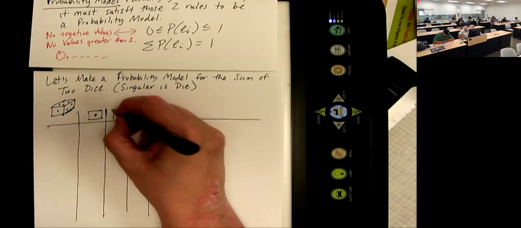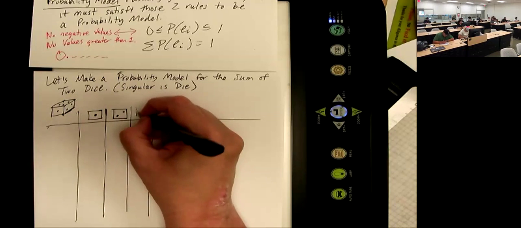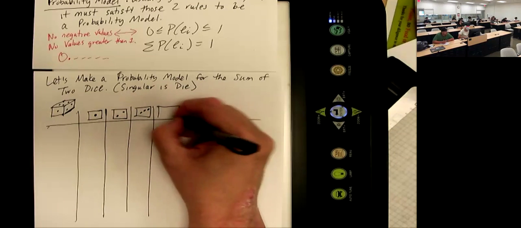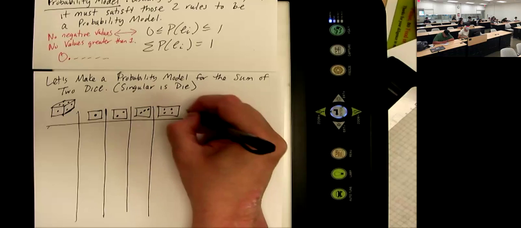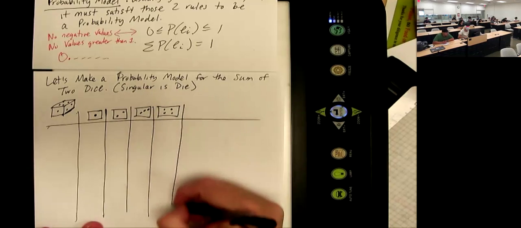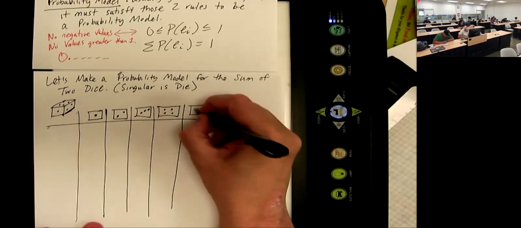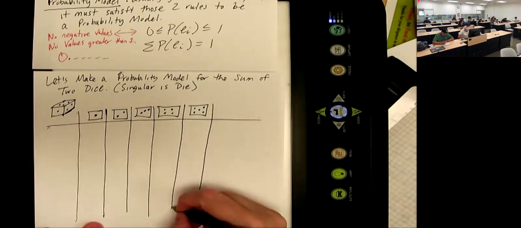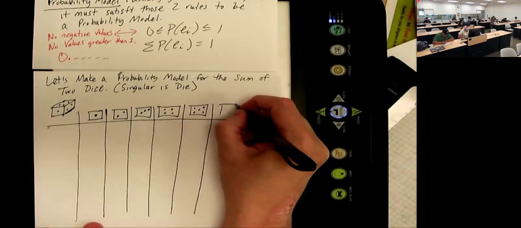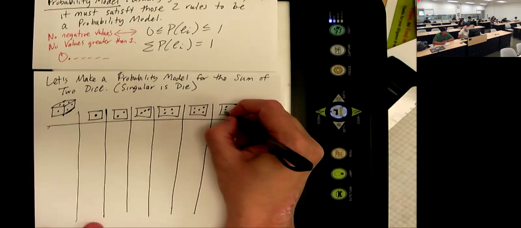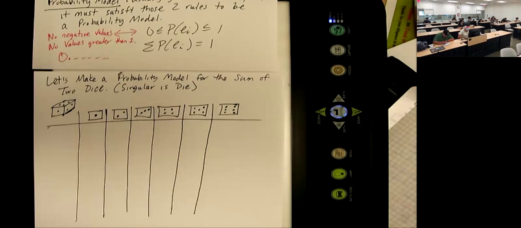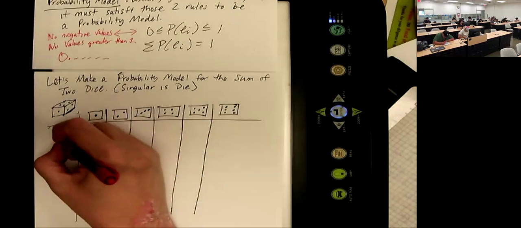On the black die, I could have a 1, I could have a 2, I could have a 3, I could have a 4, I could have a 5 show up on top, or I could have a 6. And I'll make the same picture going down the left side.